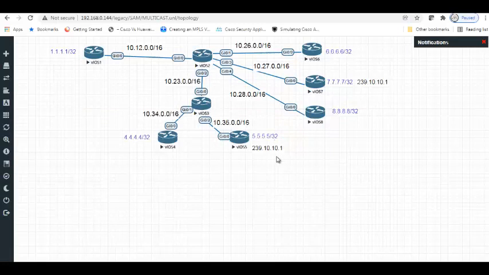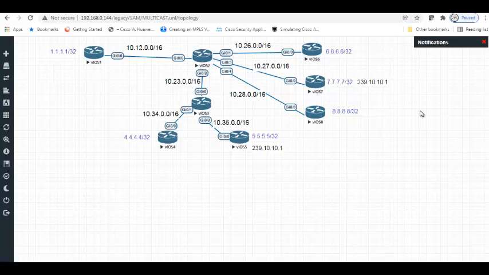5 loopback. We tested once, pinging from this router that multicast address 239.10.10.1, and we received the reply only from router 5 and router 7. That's a very good output.